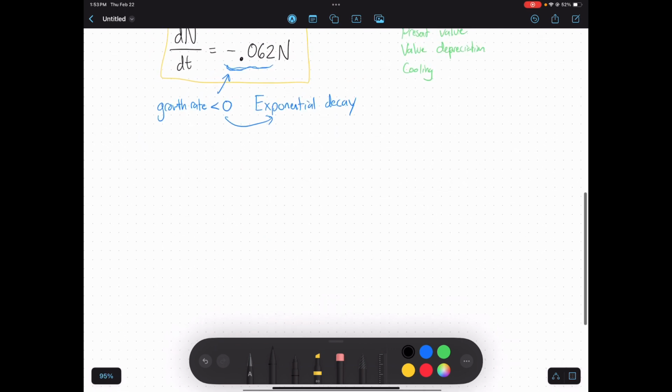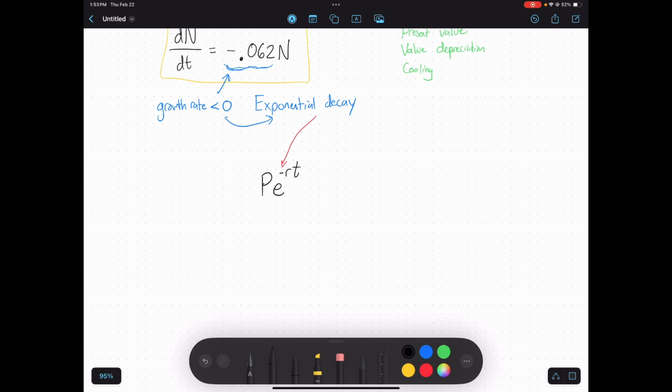So if I think about half-life in any situation, if you have some principal amount and we're modeling it as an exponential equation, principal times e to the rt, what's going to be true about my rate? If we're working with a decay function, my rate's going to be negative, okay, because I'm working with exponential decay.